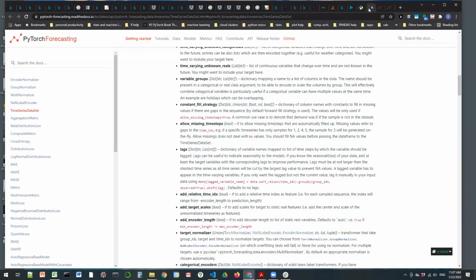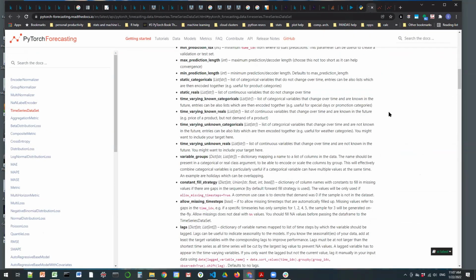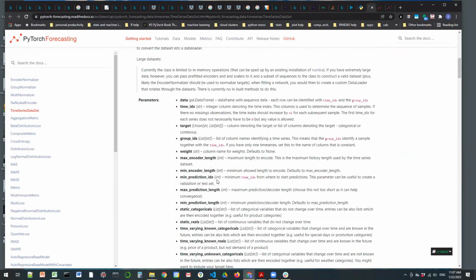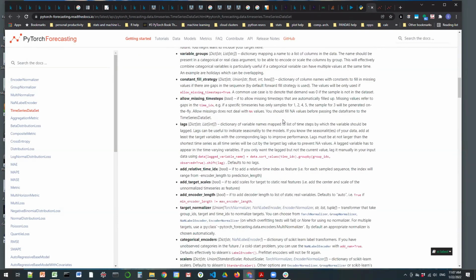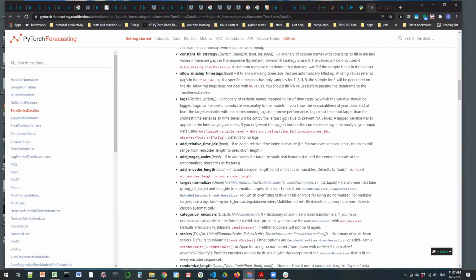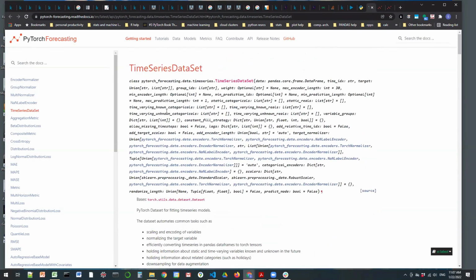I didn't see that because, see here, the max encoder length is the maximum history length used by the time series data set, right? Yeah. And then the max prediction length is the max prediction or decoder length. And the prediction is basically what you provide as input to, I wish I could find that.